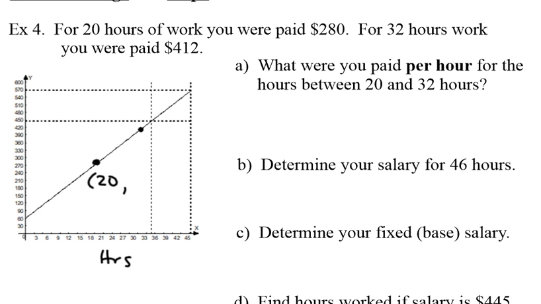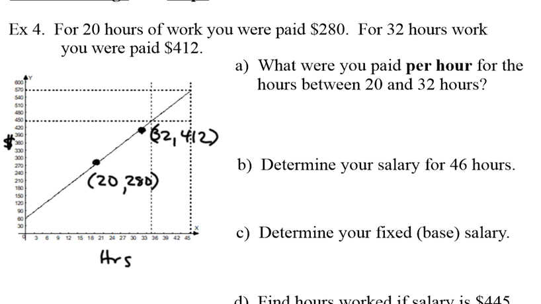That's what changes, but your pay is what's dependent. So for 20 hours, you were given $280. And this one tells us that for 32 hours of work, you were paid $412. There's the information, and there's a line that can get created.